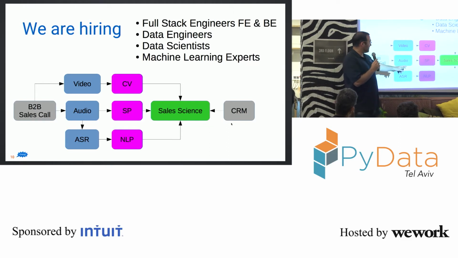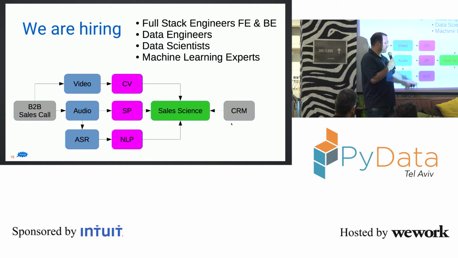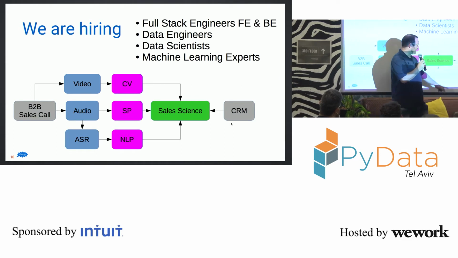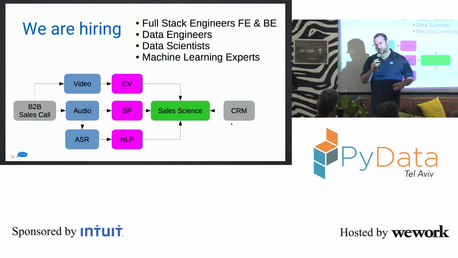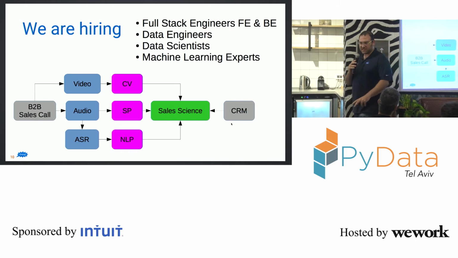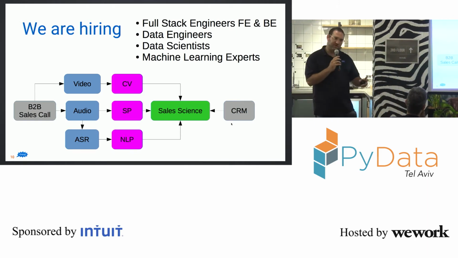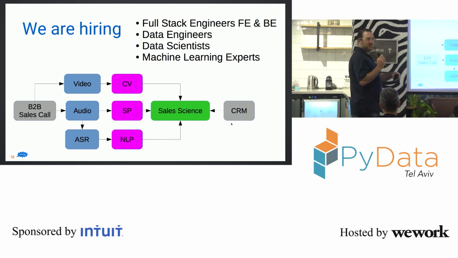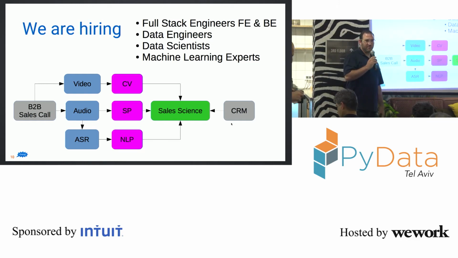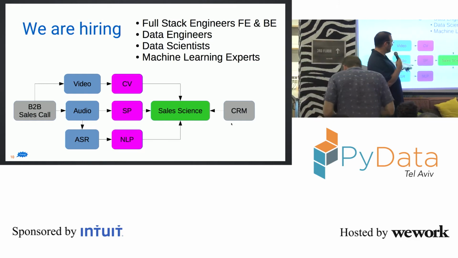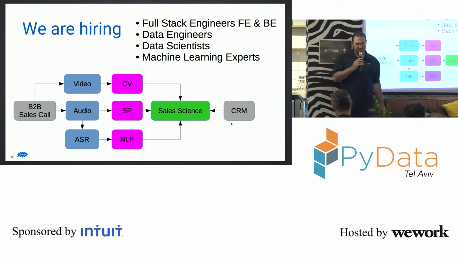We use computer vision, signal processing and speech processing as NLP to correlate what the salesperson did with the salesperson's performance, to understand what makes a good salesperson, or what a bad salesperson should do in order to be better. If you're interested in working in this environment, you can send us an email.